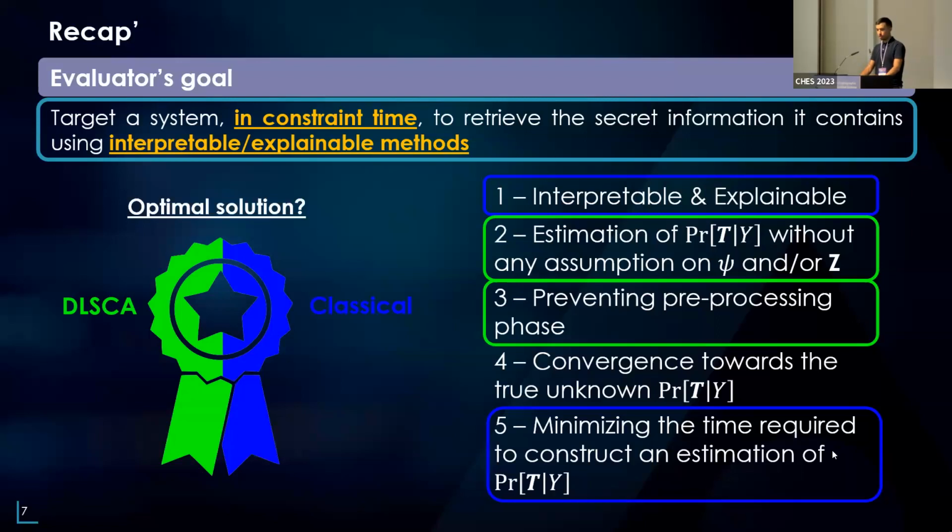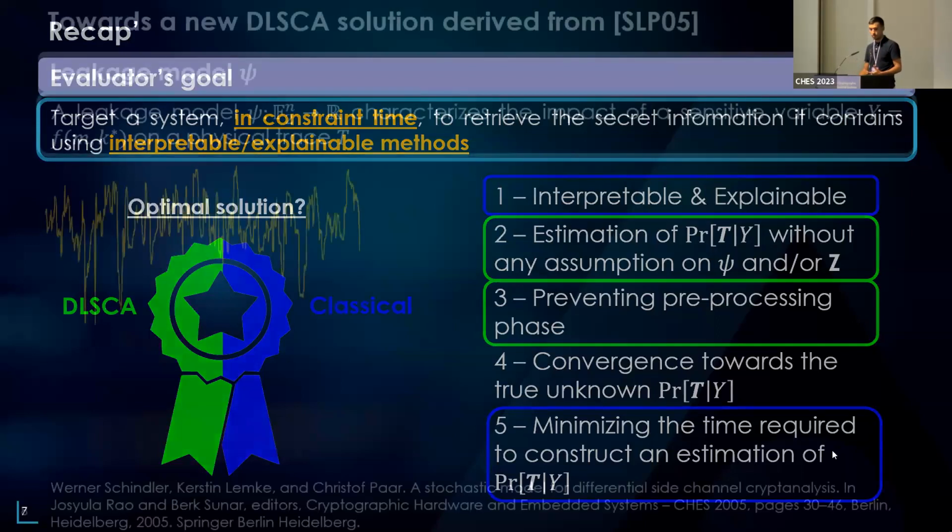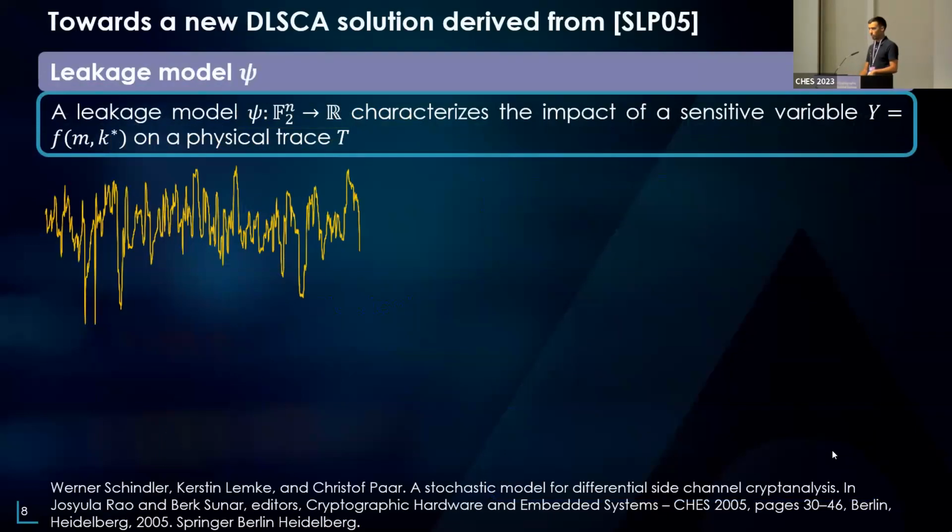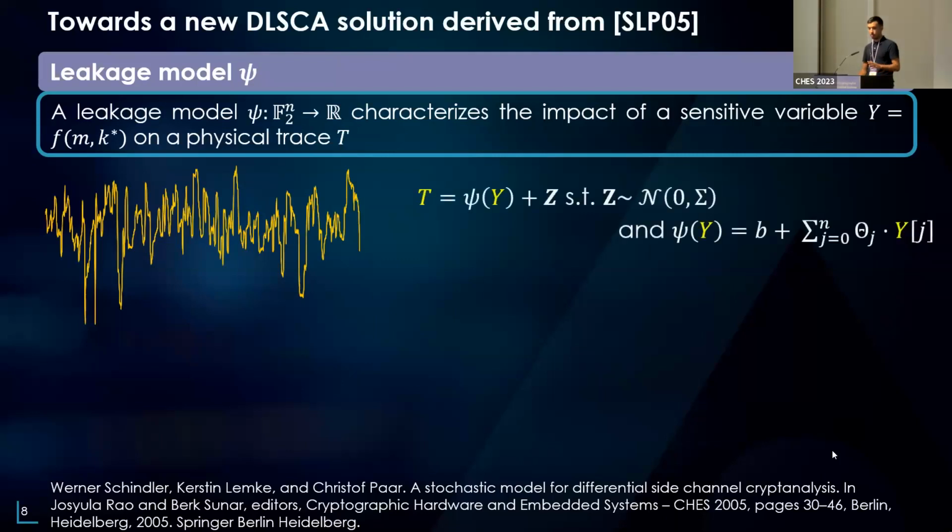As I mentioned earlier, we decided to design a new kind of neural network based on the stochastic attack introduced by Werner Schindler, Kerstin Lemke, and Christof Paar at CHES 2005. Maybe just a brief recap of this scenario. Here we have a physical trace, such that, as I mentioned, this physical trace can be decomposed into 2 parts.